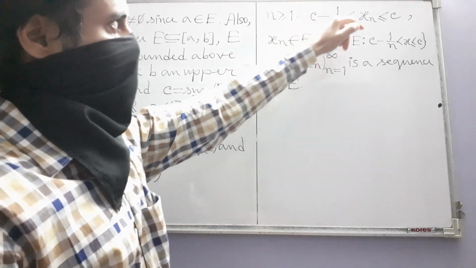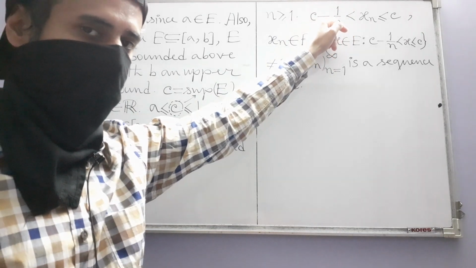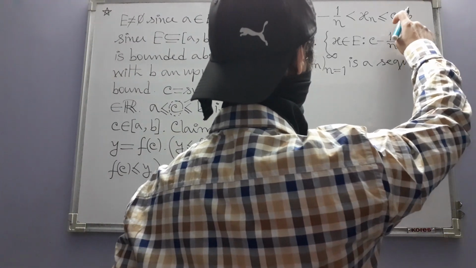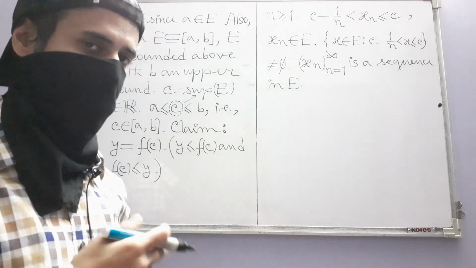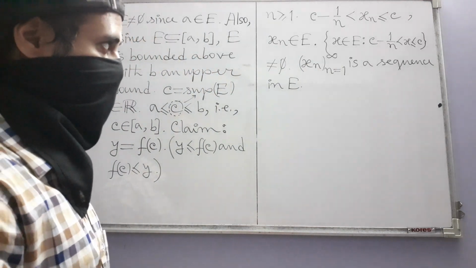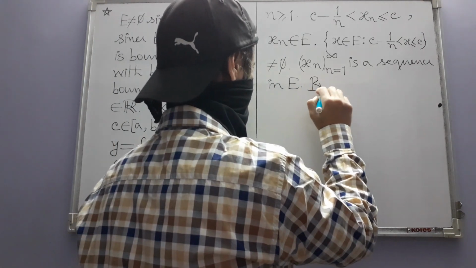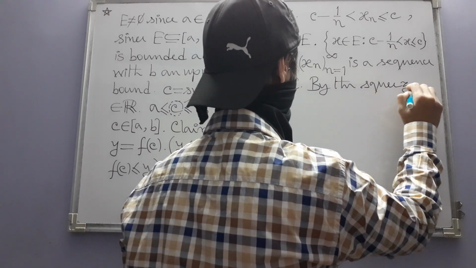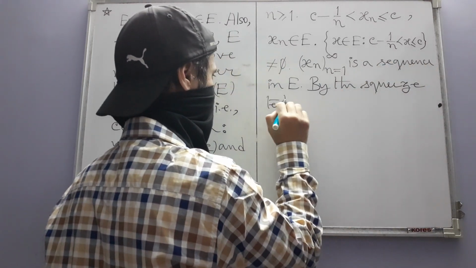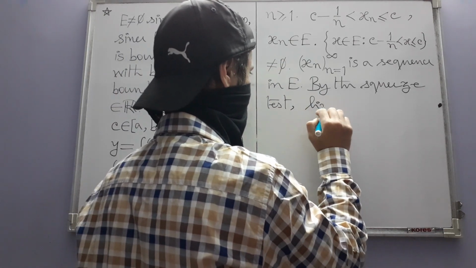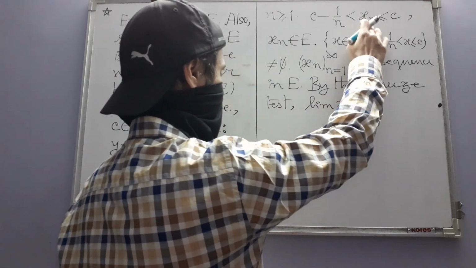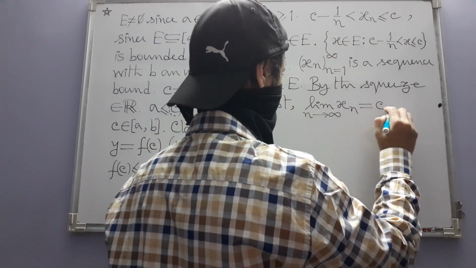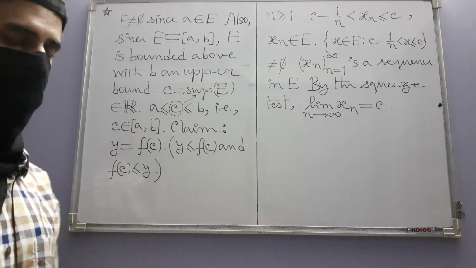Now the limit of this leftmost sequence is of course c, because 1 over n approaches 0 as n approaches infinity, and the constant sequence c of course also has limit c. So by the squeeze test, the sequence in between is also convergent and it converges to c.